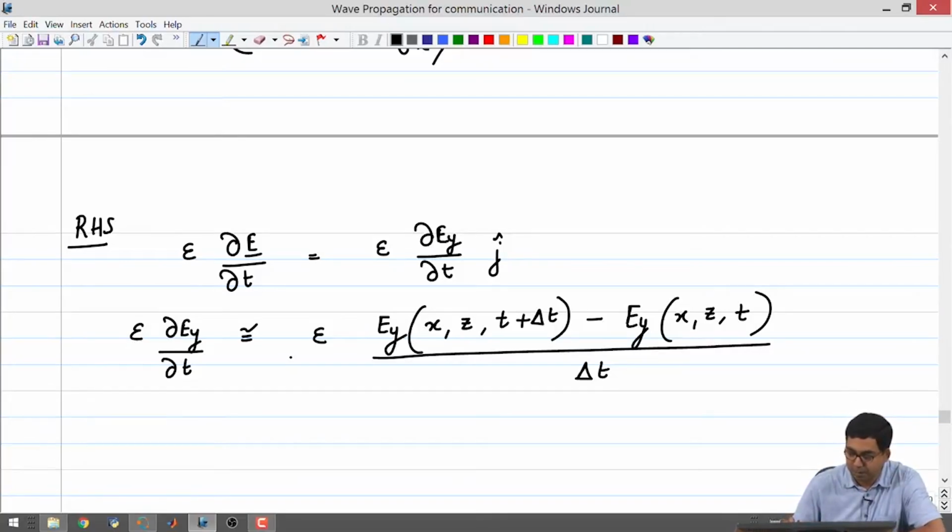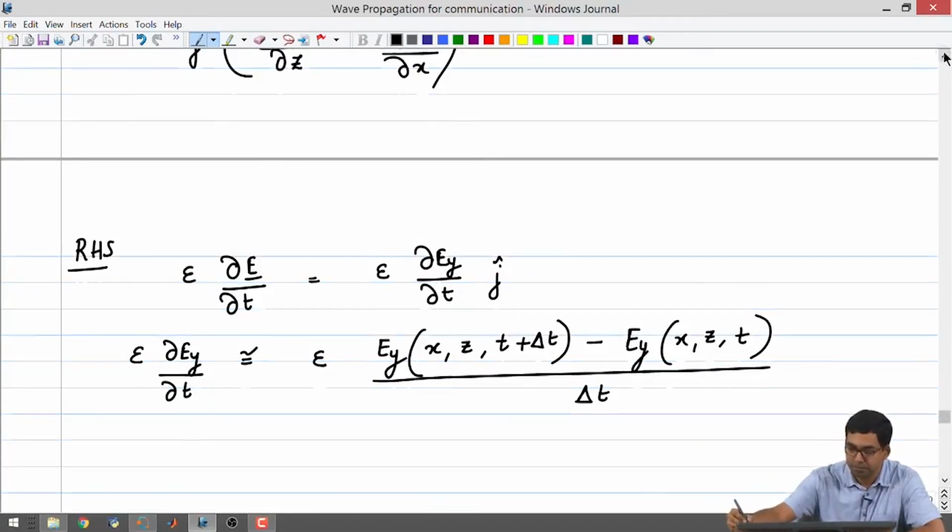The right hand side looks like this in the difference form; the left hand side will also have to be written in the difference form.